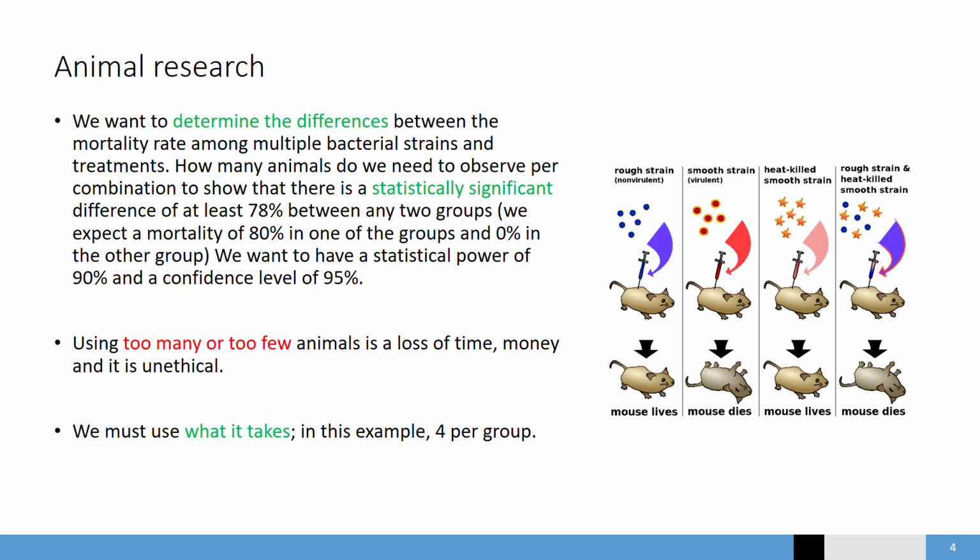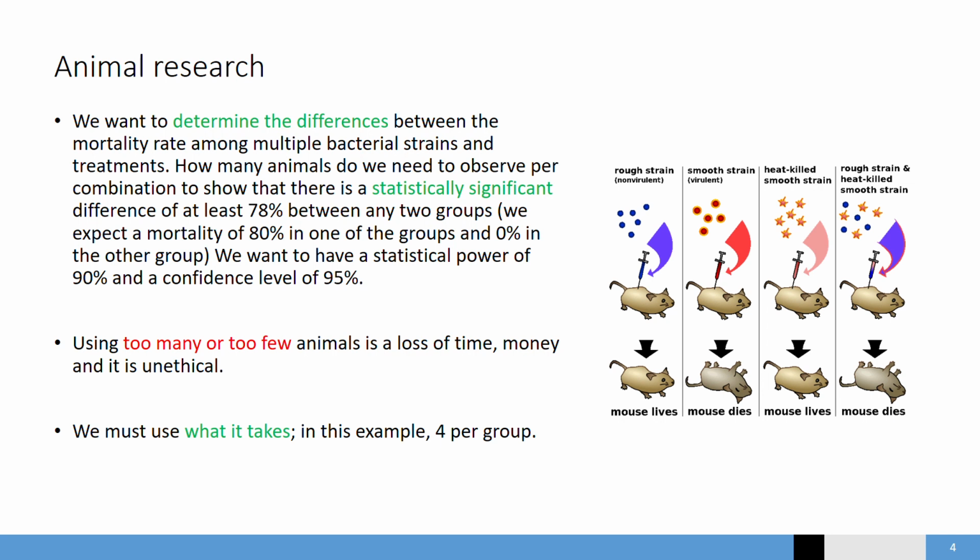So let's say that you want to determine the differences between the mortality rate among different bacterial strains and treatments. So you will have multiple groups, or a couple of groups, and then you will compare.